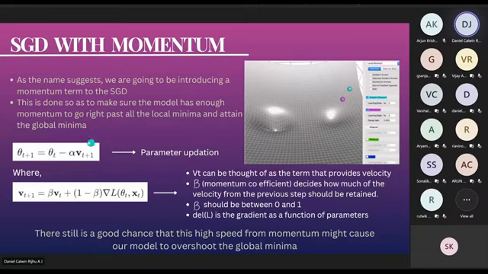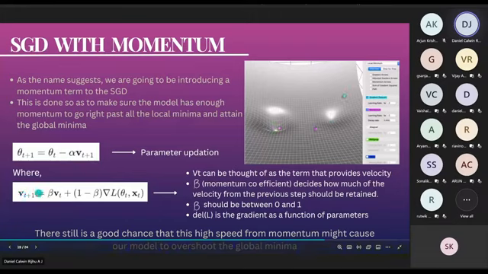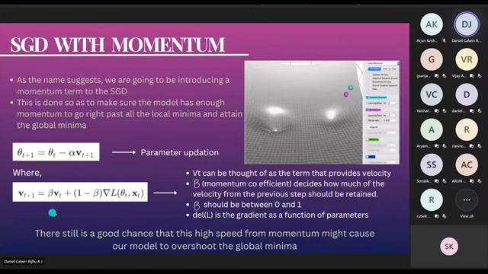So what is this vt or vt plus 1 term? It can be thought of as the velocity which the model has initially. It makes sense given that we are dealing with momentum operators. We have another formula to define vt plus 1. vt plus 1 is going to be beta times vt plus 1 minus beta times the gradient. So what exactly does it mean?